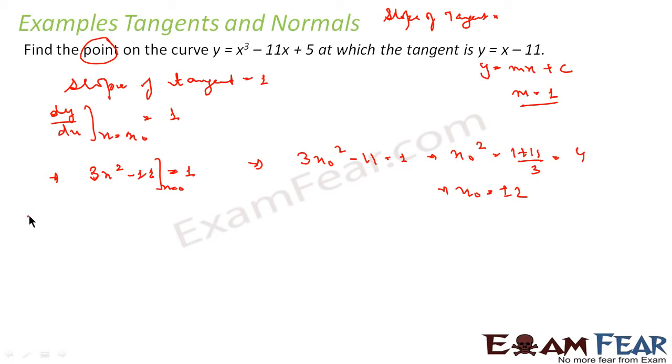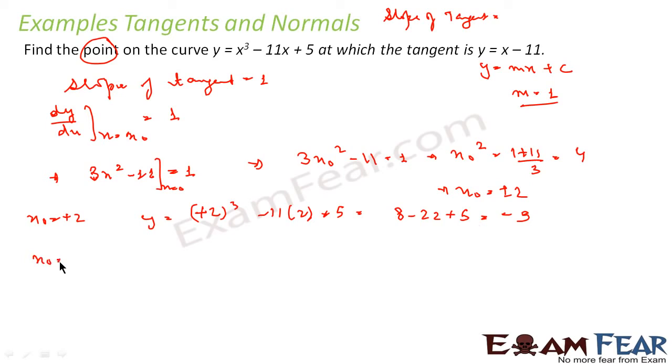Now same thing here. Case 1: x naught is equal to plus 2, I'll find the value of y. So y is nothing but x cube, that is 2 cube, minus 11 into 2 plus 5, that is 8 minus 22 plus 5, which is minus 9.